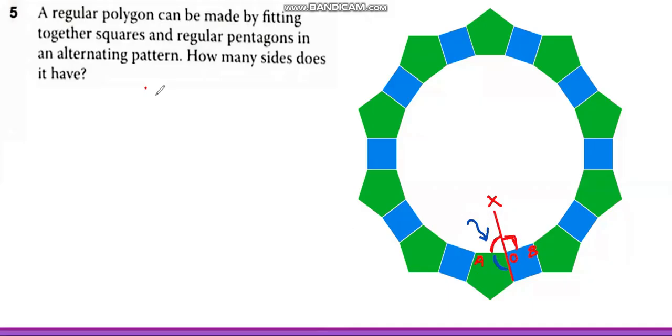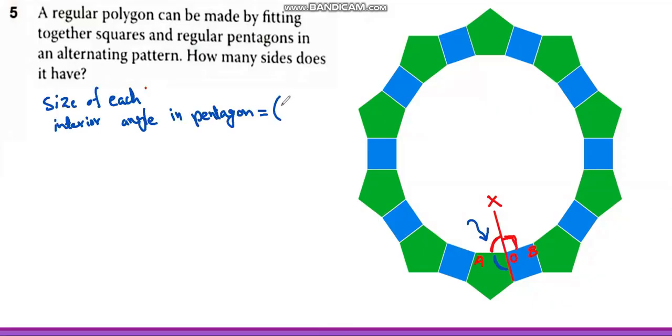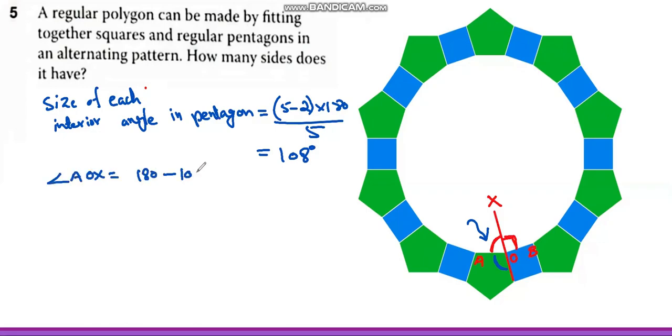So the size of each interior angle in the pentagon will be equal to 5 take away 2 times 180 divided by 5, and that will be 108 degrees. It means the size of angle AOX will be equal to 180 minus 108 degrees, and that will be 72 degrees.